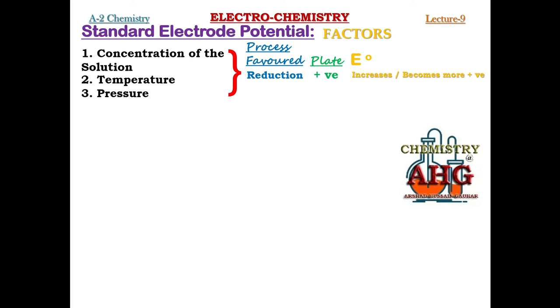For example, if by changing any one of these three reaction conditions the process favored is oxidation, it means that half cell would become anode. At anode the charge developed is negative, and E naught would decrease, or it would become more negative or less positive. So this is a shortcut to predict the effect of these factors on standard electrode potential.